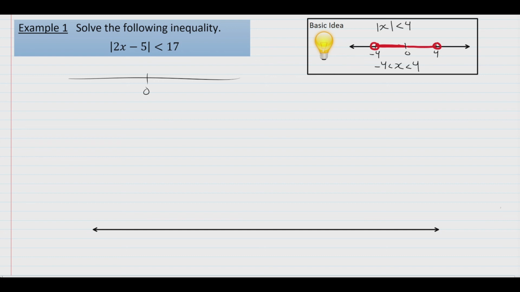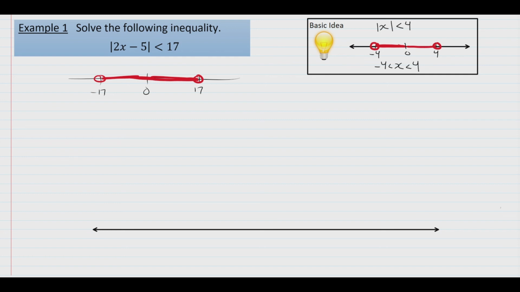If the distance from 0 is going to be less than 17, that means we could have values between 0 and 17, not including 17 in this case, but we could also have values between -17 and 0. So that is, any value between -17 and 17 would give us an absolute value that's less than 17 because the distance from 0 is less than 17.